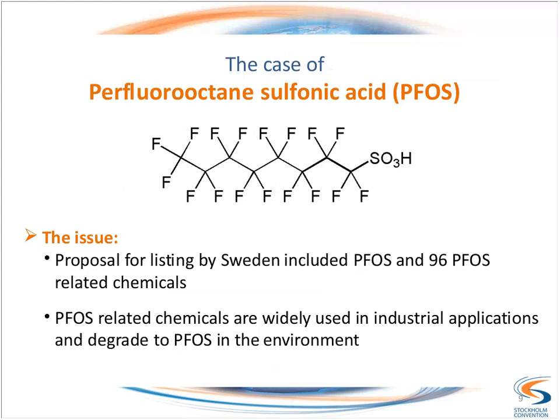Now PFOS, and you see the chemical perfluorooctane sulfonic acid, whose molecular formula is C8. The carbon atoms never get drawn in these formulas. It's just where the F's are hanging on, so you can see that these are the carbon atoms. There are 8 of them.